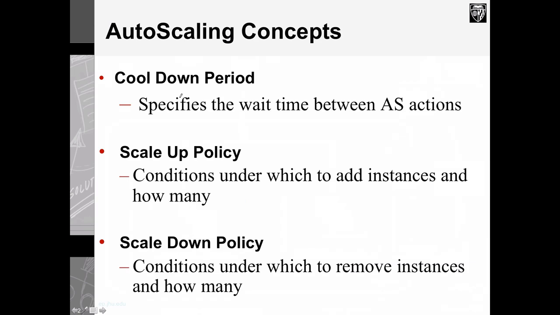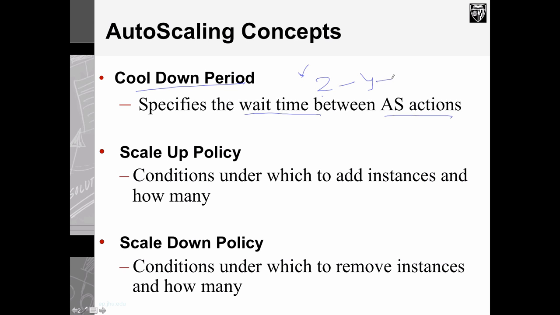Let's talk about some of the autoscaling concepts. The first concept we want to talk about is called cooldown period. The cooldown period essentially specifies how long we should wait between each autoscaling action. So let's say we received an alert, we increased the capacity from 2 to 4, and immediately we received another alert for another scale up event.